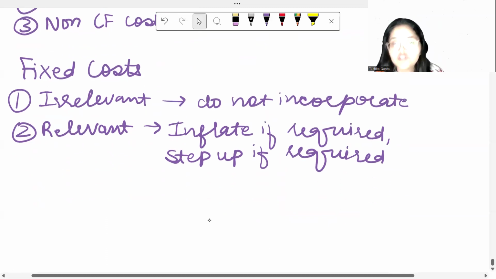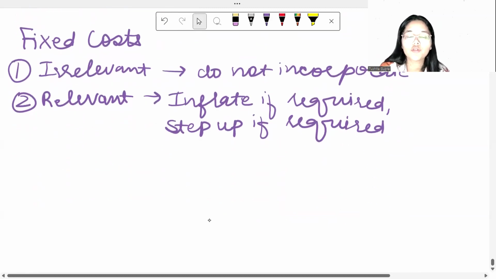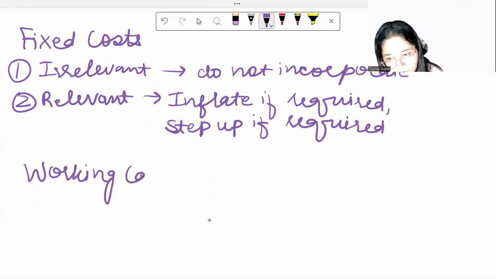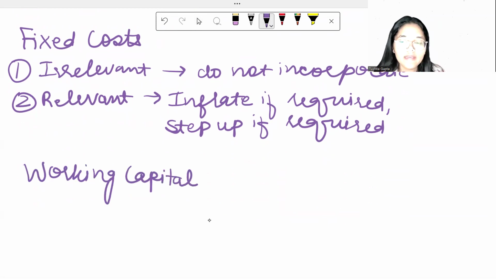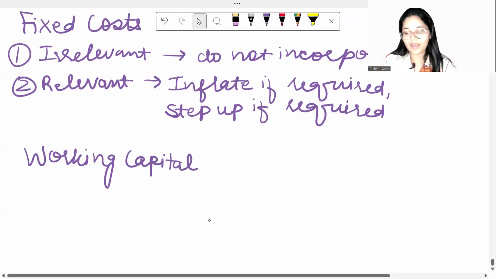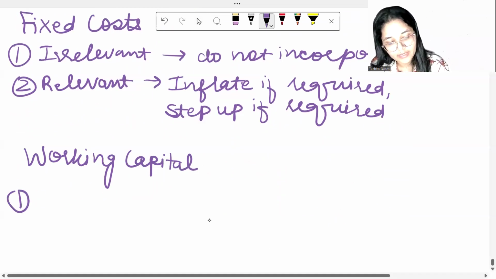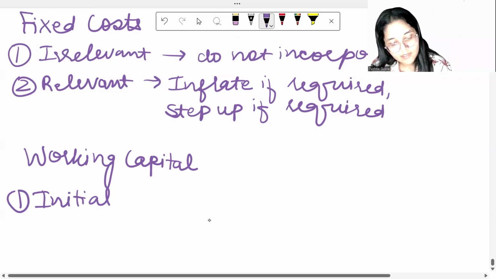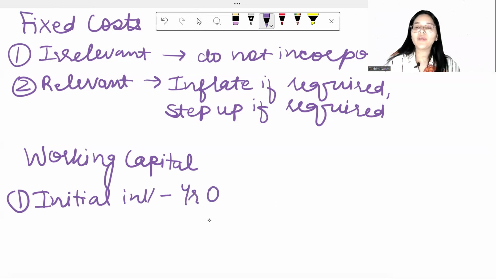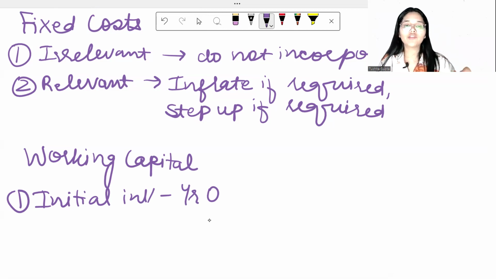Then another adjustment which the examiner can possibly give you when it comes to the NPV questions is your working capital. Now, always assume, unless it is mentioned otherwise, your initial investment in working capital is going to go out in year 0. Why is this the case? Because you want to manufacture and sell something at the end of a year, but you need money to actually buy the raw materials to start your production, to pay your labor.